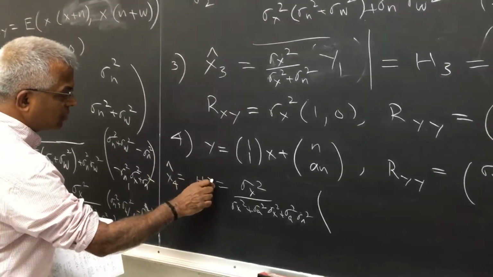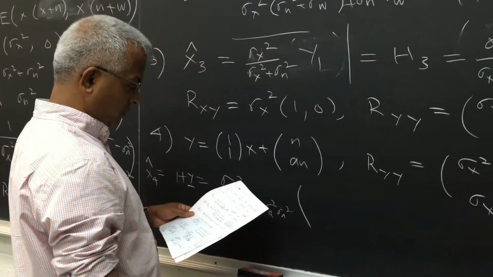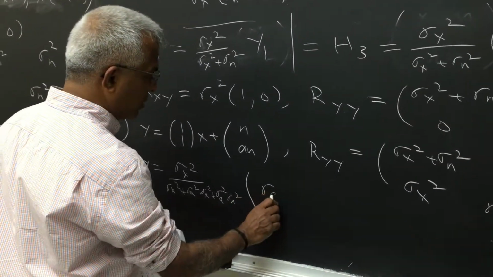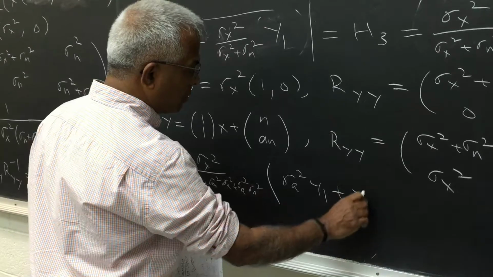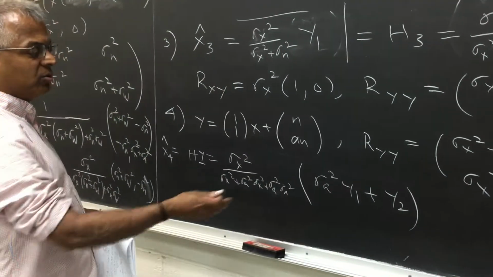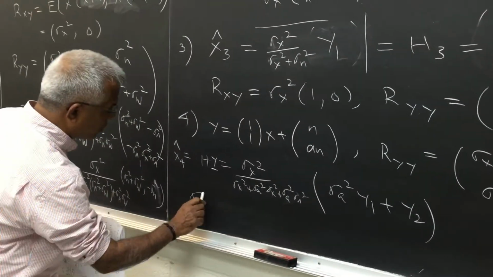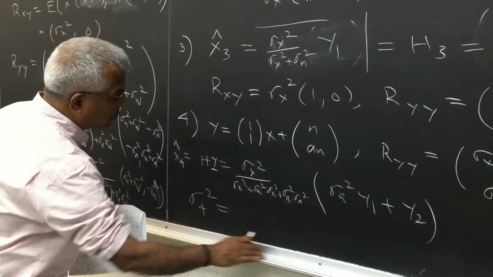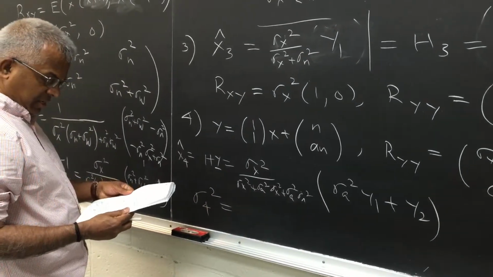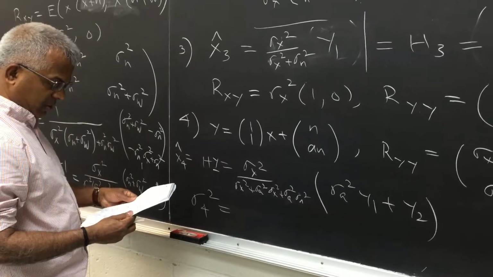X4 hat is Hy, which will turn out to be sigma a squared y1 plus y2. So we are indeed using some portion of y2, and if you compute the sigma 4 squared, that's the interesting part. I'll write down the result.